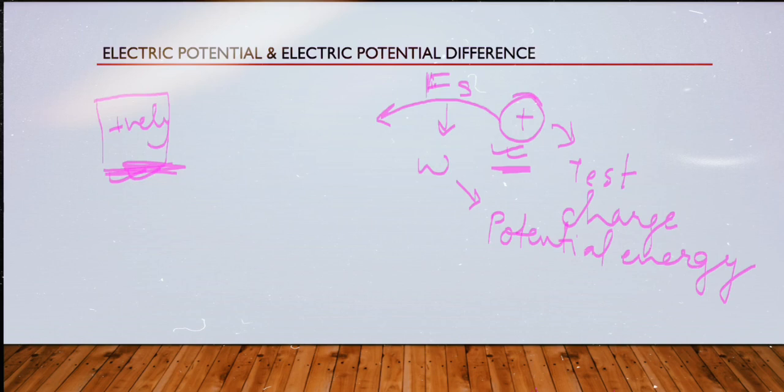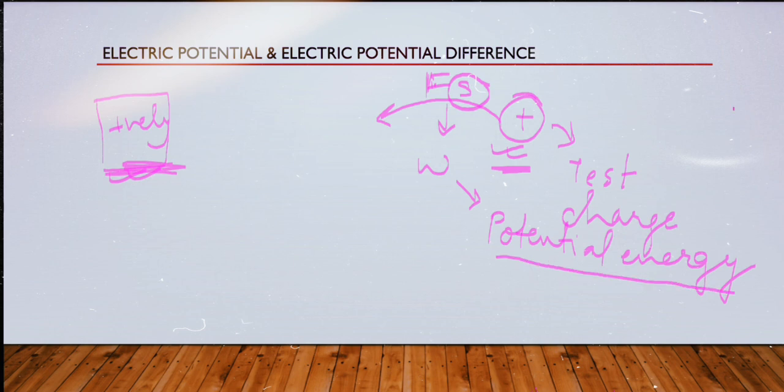What happened over here? We applied some force on the test charge, and due to the force, the charge was displaced by some amount, let us consider S. Whenever force is applied on an object and the displacement happens along the direction of the force, work is done, and this work done is stored in the form of potential energy.